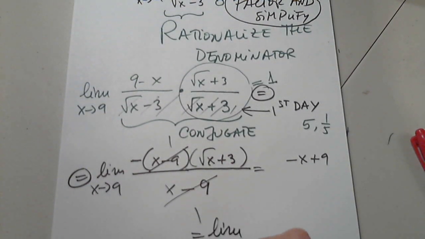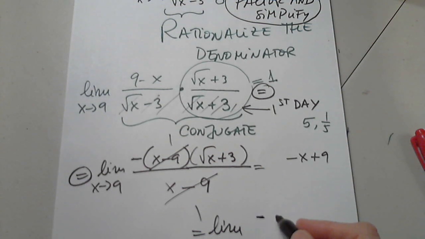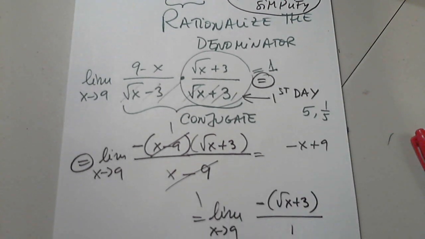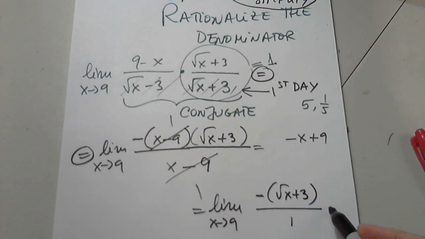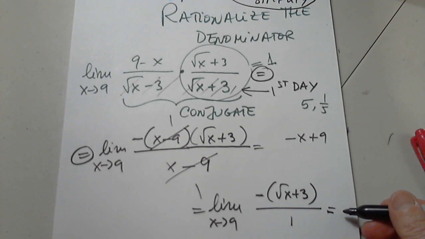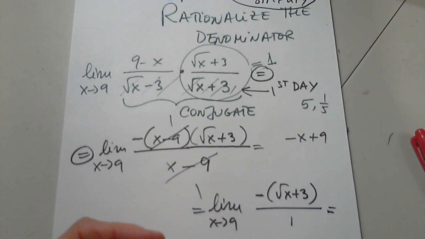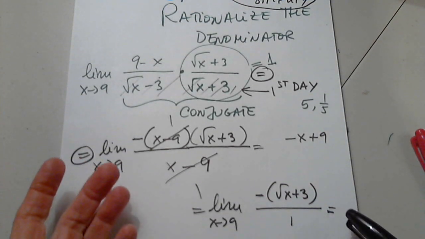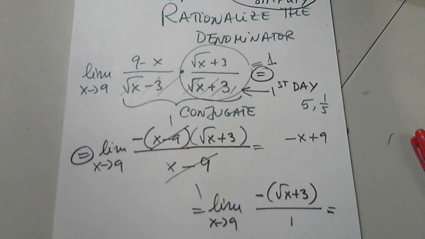So let me write it again. This is the limit as x approaches 9 of minus the square root of x plus 3, divided by 1. I shouldn't even write anything. But, okay. Please plug it in and tell me what you get. That's when my markers are getting dry, because I'm waiting for my students to say something. A student, when I said that once, said, yeah, you're cheap markers. I said, yes, they are cheap.